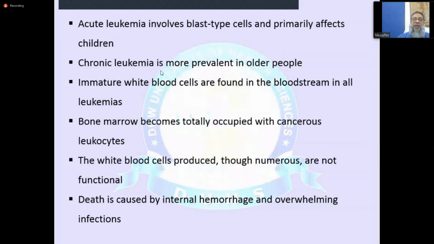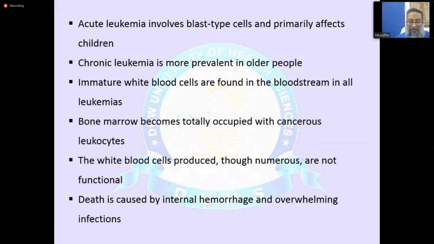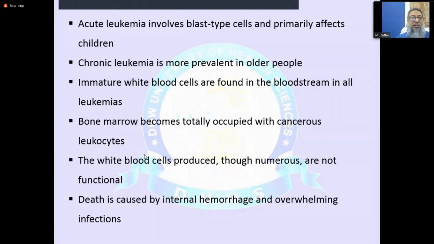And chronic leukemia is more prevalent in older people because these are the cells which are already decreased in number, but when they are affected, they cause very abnormal blastic cells, and they are really not able to fight against the invading microorganisms. So these immature white blood cells are found in the bloodstream in all the leukemias.